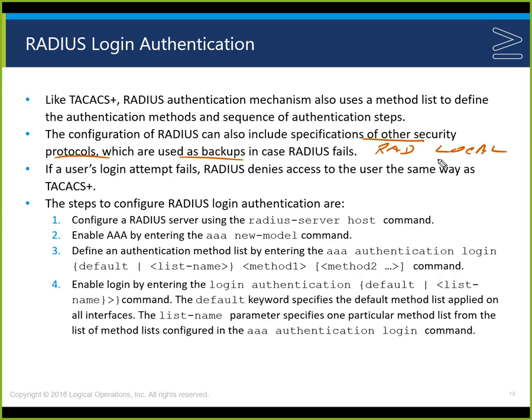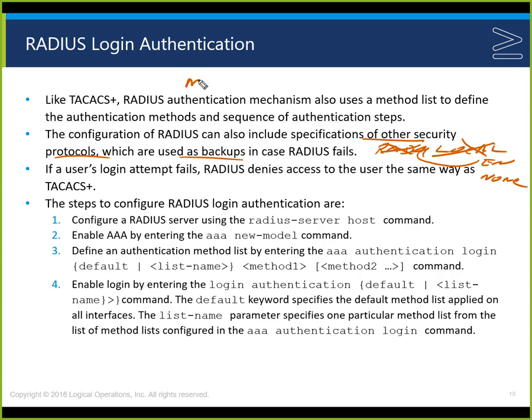Again, Packet Tracer has some limitations in the simulations that it does. And then we could have done, after that, enable and then maybe none if we wanted to. If the Radius fails, then it'll use the local database. If the local database for some reason failed, then it would use the enable password, or we could put enable over here, whatever you wanted to do.